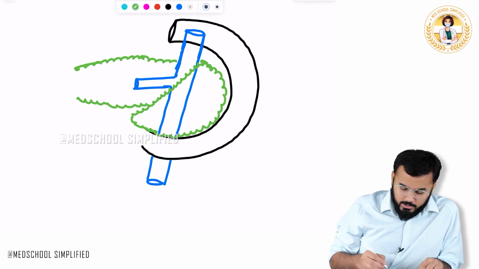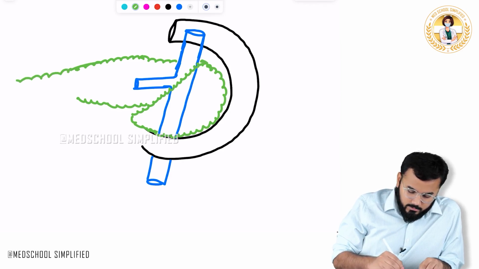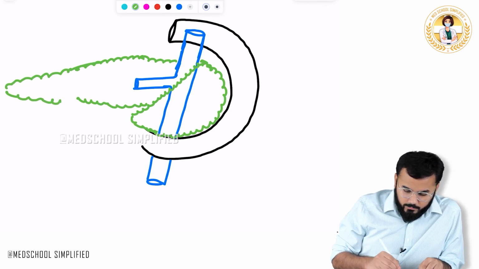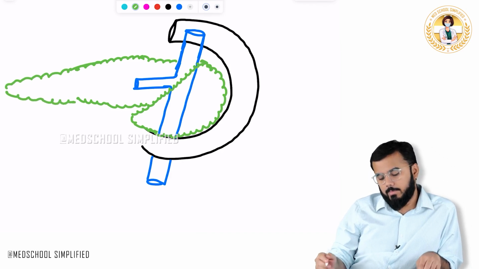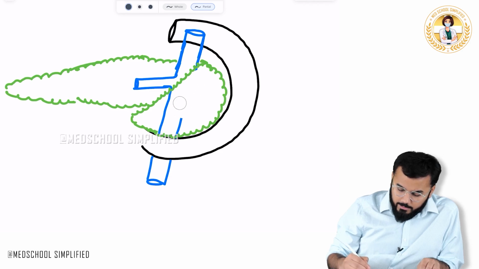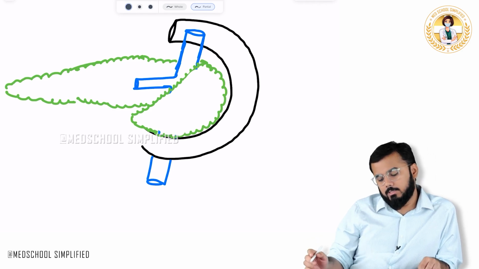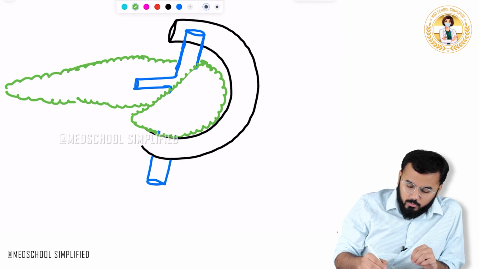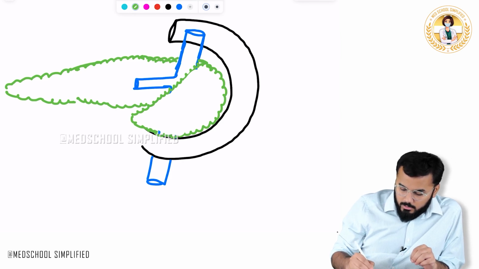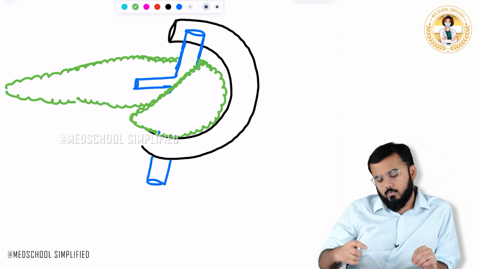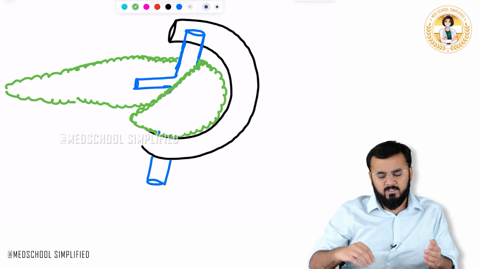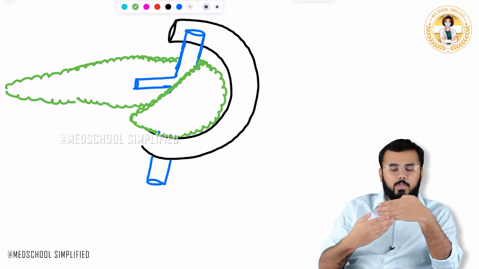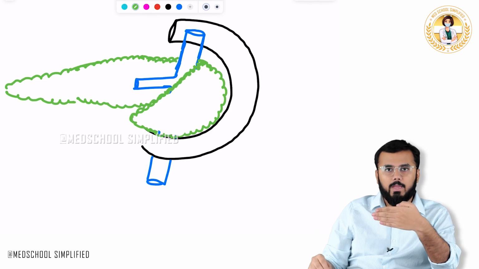Now let me make this picture clear so that you will understand it. And obviously you know that this is called the tail of the pancreas. Now this is the entire pancreas here. I don't know if the picture is clear to you or not, or maybe the picture which I have drawn is not clear, right? But whatever it is, what I want you to understand here is that this is the pancreas and this is the tail of the pancreas.